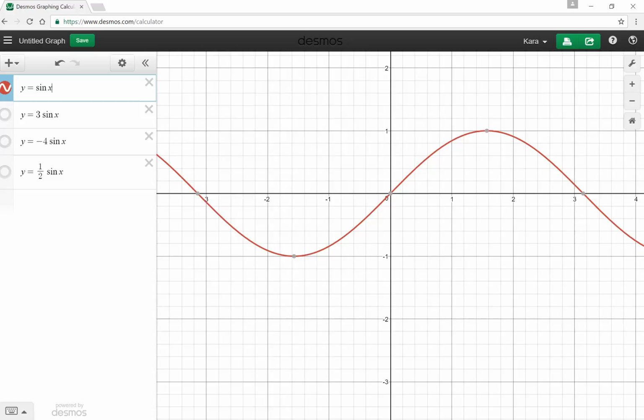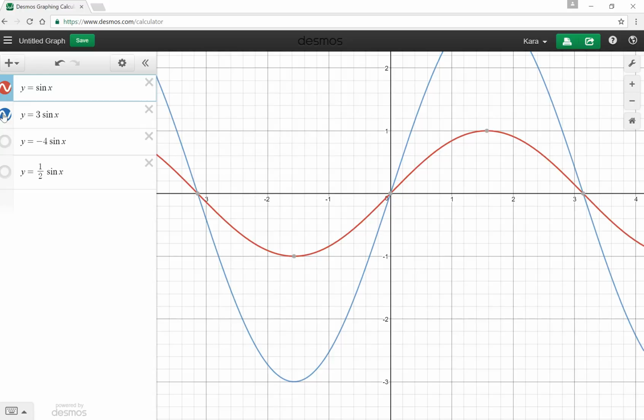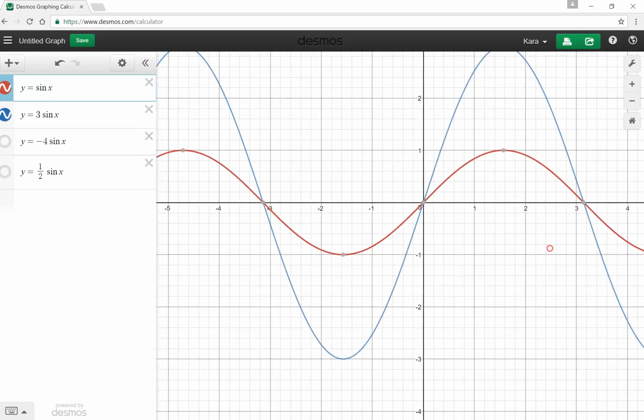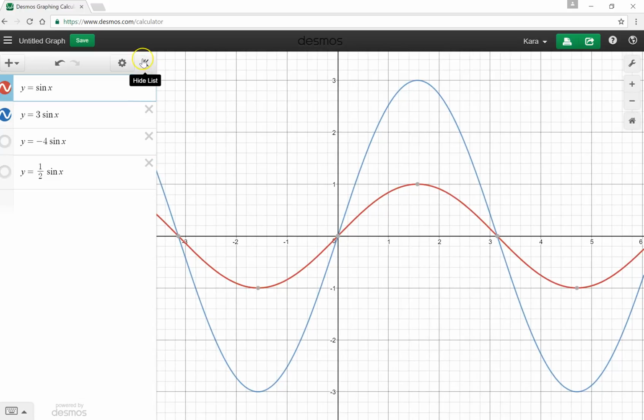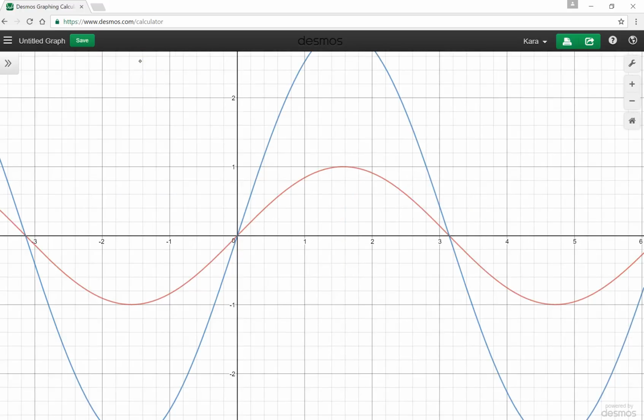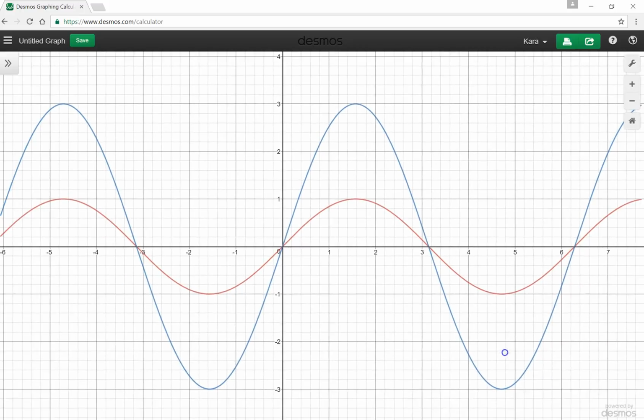Okay? Now, if I turn on the next one, y equals 3 sine x, and you compare, I'm going to make this so I can fit the window in. You can see what happens to our graph.